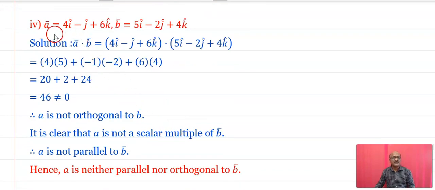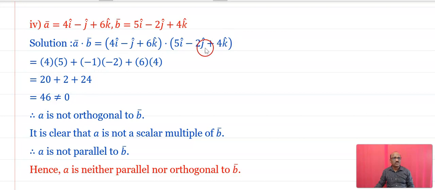Next, a bar is equal to 4i cap minus j cap plus 6k cap, and b bar is equal to 5i cap minus 2j cap plus 4k cap, and their dot product. A bar dot b bar is equal to 4i cap minus j cap plus 6k cap dot in bracket 5i cap minus 2j cap plus 4k cap. Again, their dot product: 4 into 5, that is 20. Next, minus 1 into minus 2, that is plus 2.